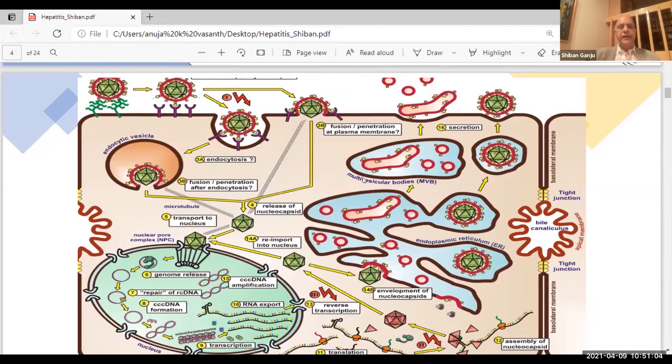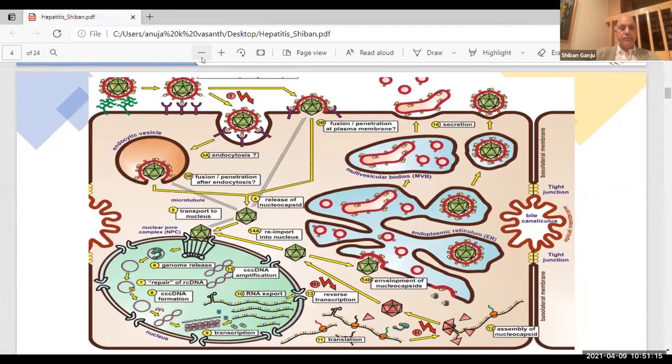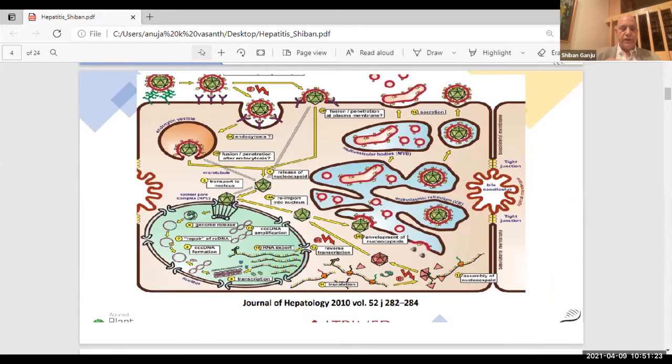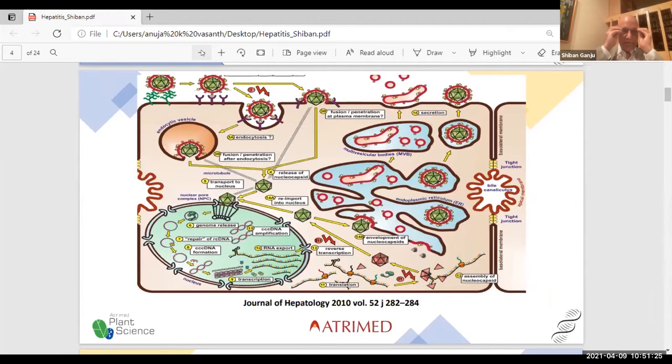and then in the nucleus, the DNA comes out, which is a double circular DNA. The first thing that happens is the DNA forms a circular DNA there, which stays there forever and ever.